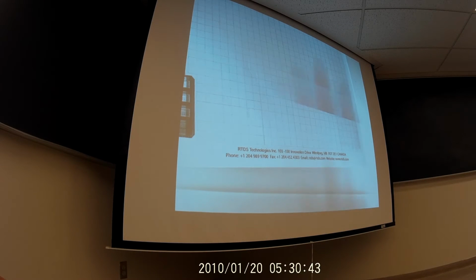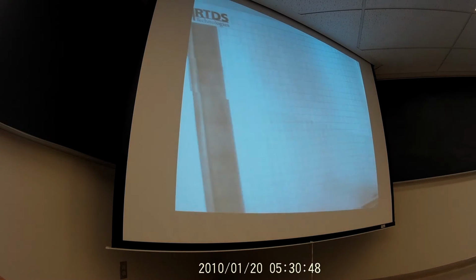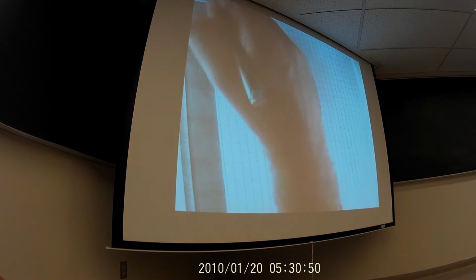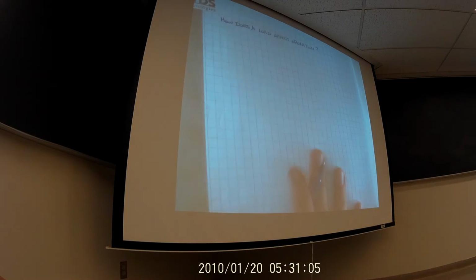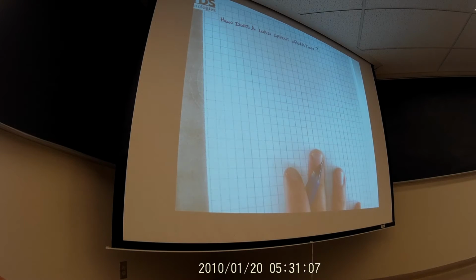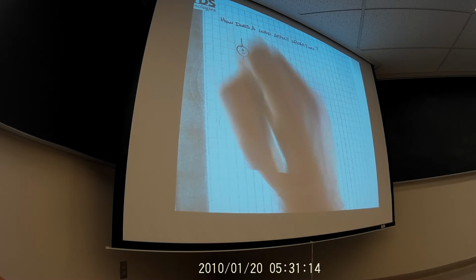Okay, so now the next question is, how does a load affect operation? Because so far, we've been operating with the assumption that there's no load there, so let me quickly draw another voltage divider.